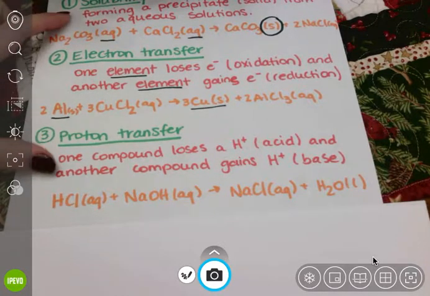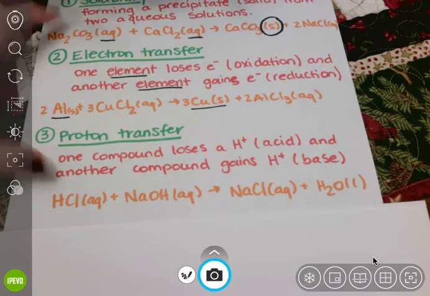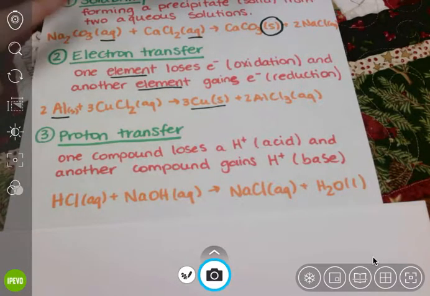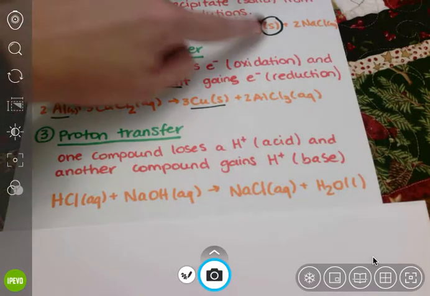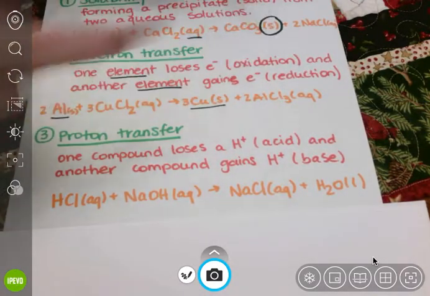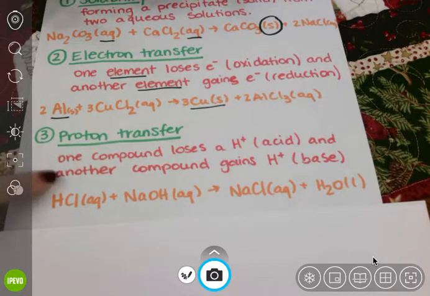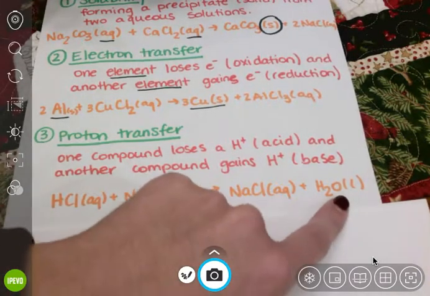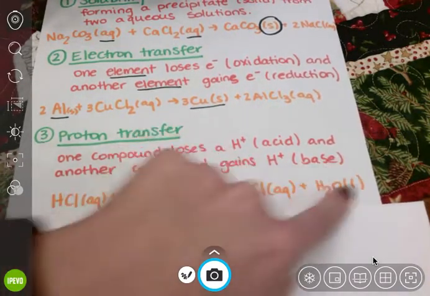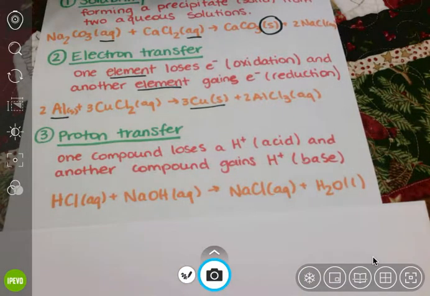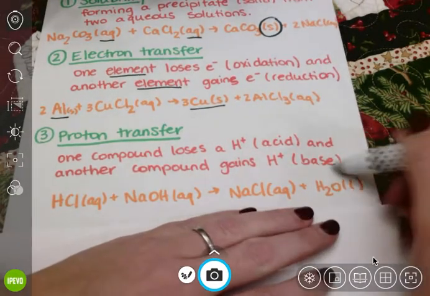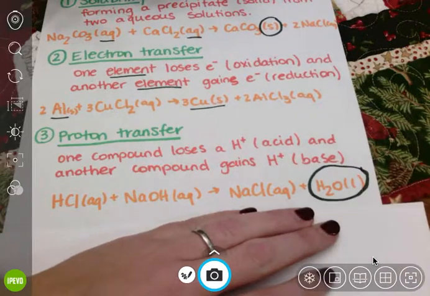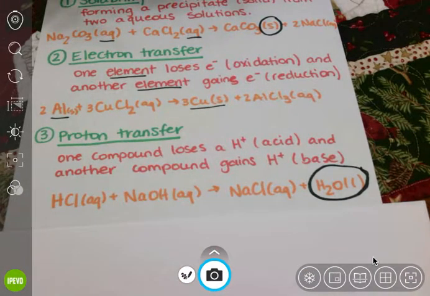But you can tell precipitation separately from an acid base, because in a precipitation you form a solid precipitate, but in an acid-base reaction you form water, right? You form that liquid water right there. So that's how we know that we have an acid-base reaction, a neutralization.